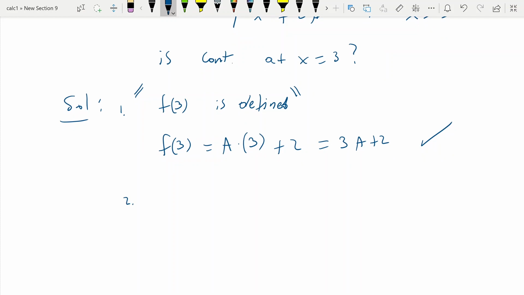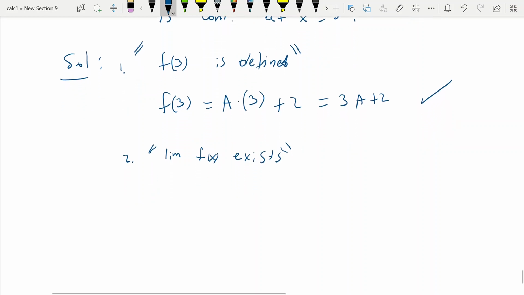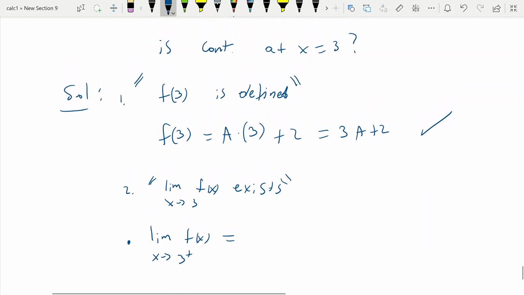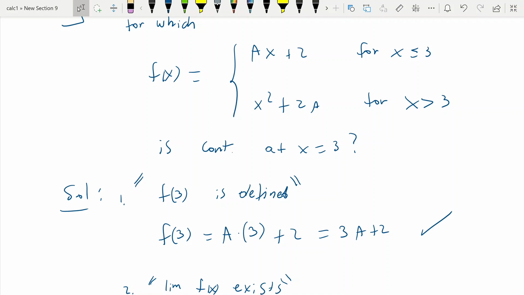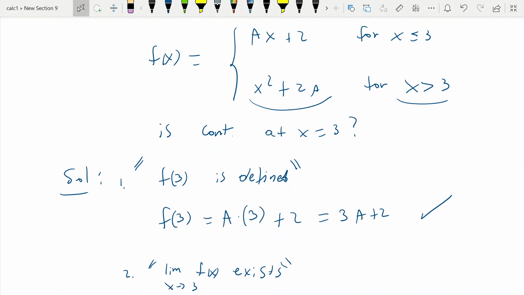Secondly, we need to check that the limit of f of x exists as x approaches 3. We compute two one-sided limits, so first the limit from the right. When x is greater than 3, we have to use this formula. This is what this formula says: when x is greater than 3, f of x takes on this form that I'm putting in a bubble.